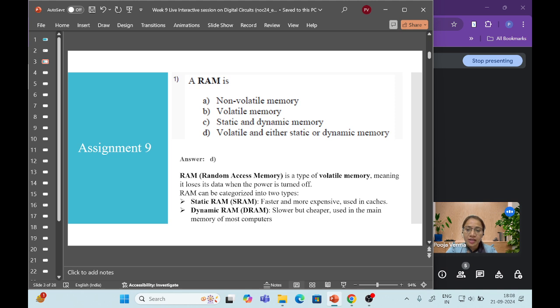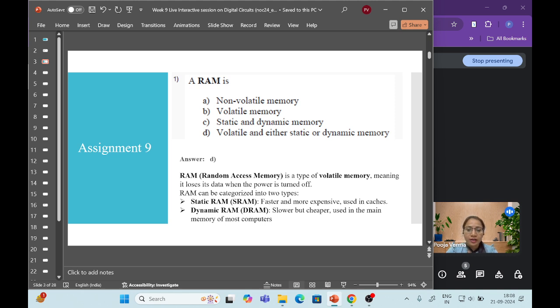So RAM stands for random access memory. It is a type of volatile memory. That means it loses its data when the power is turned off. If there is no power, then the stored data will be lost.